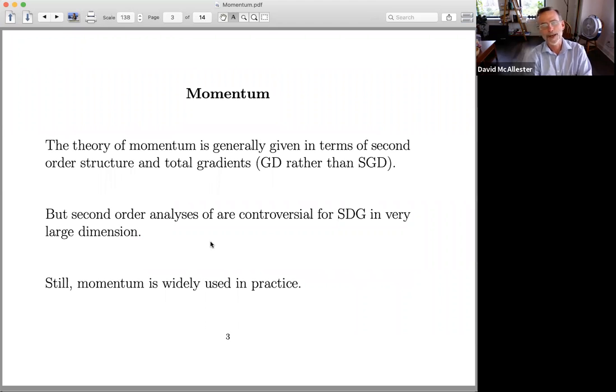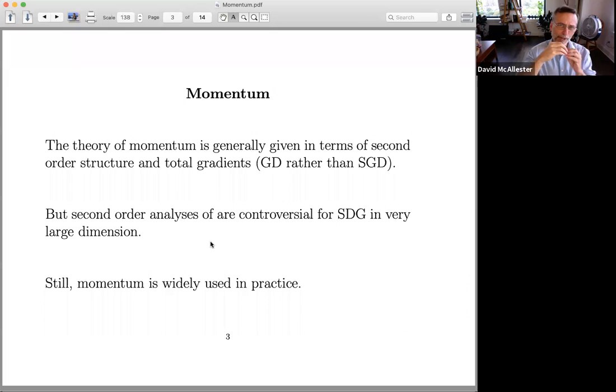The theory, why do people do this? There's a theory of momentum that's generally given in terms of second order structure, the rate of change of the gradient in terms of the motion in the parameter space. And you can prove theorems that momentum does good things when you're just looking at gradient descent in convex objective functions, and you want to find that local optimum.